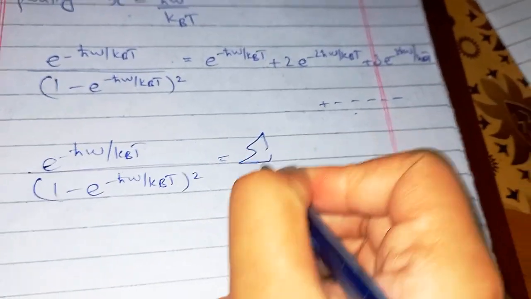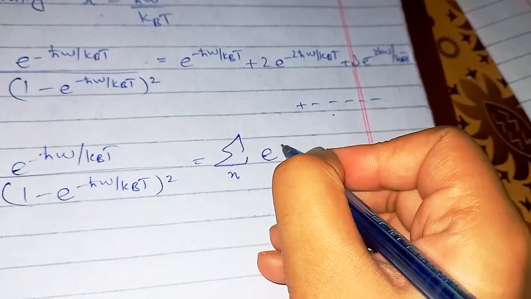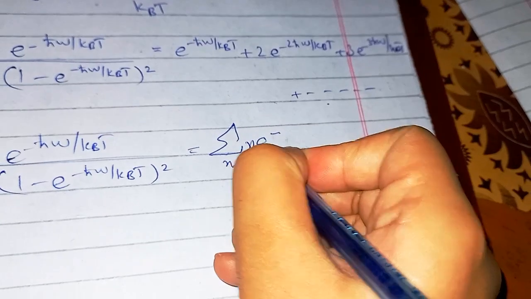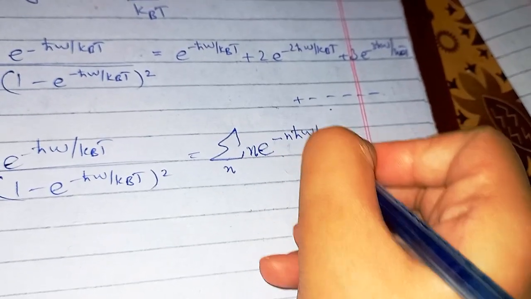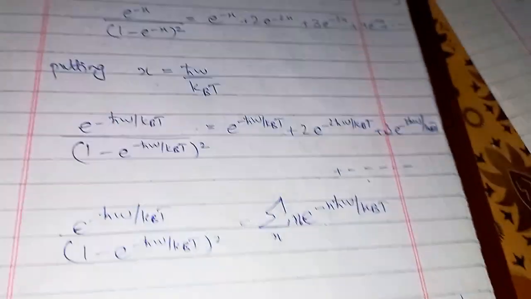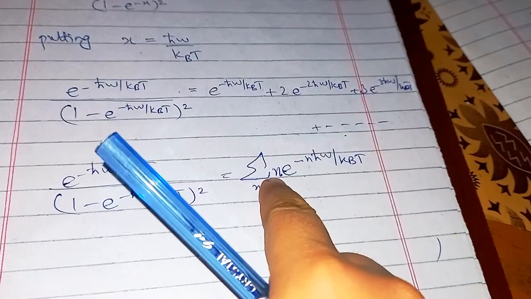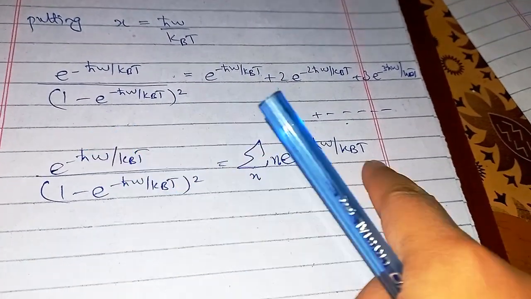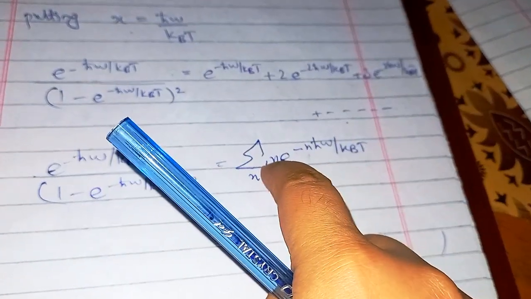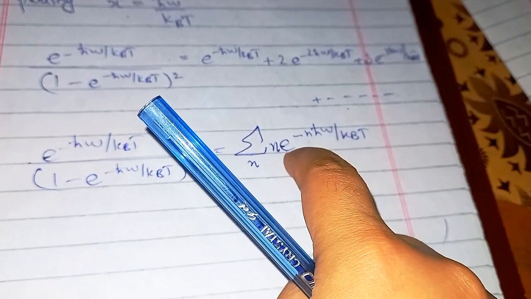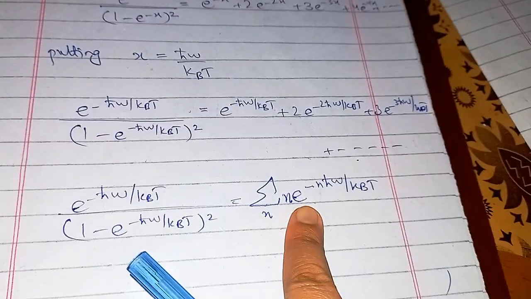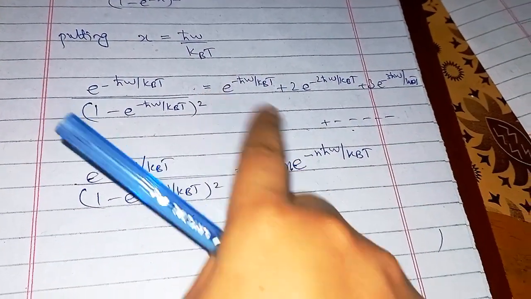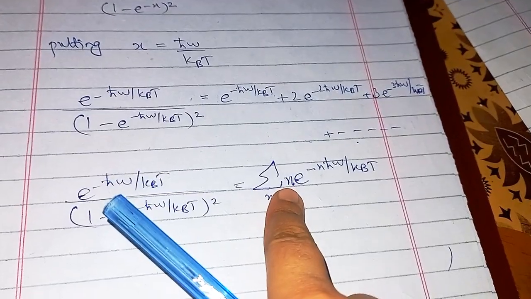This is equal to summation n e to the power minus n h cut omega by kBT. If you put n equal to 0 in this summation, n will be 0 and it will be multiplied with this exponential to make the whole term 0, so there is no term corresponding to n equals 0.